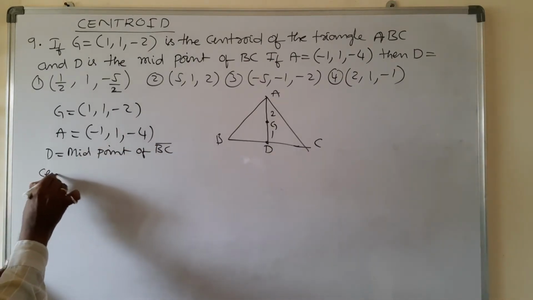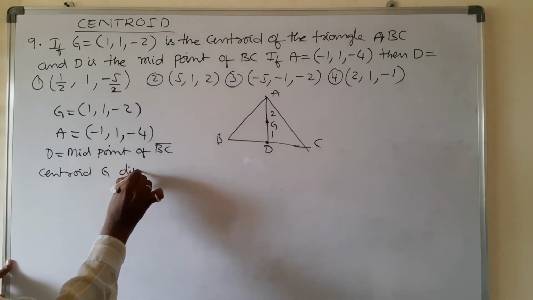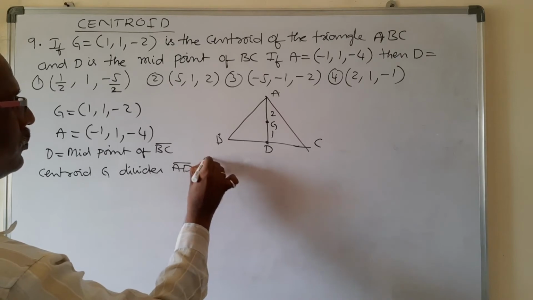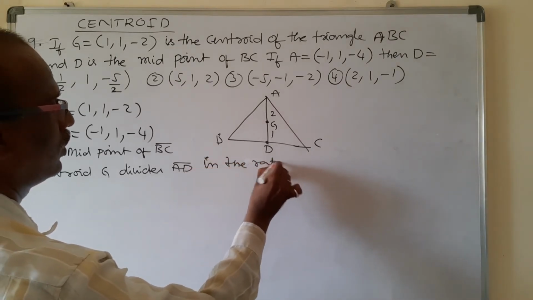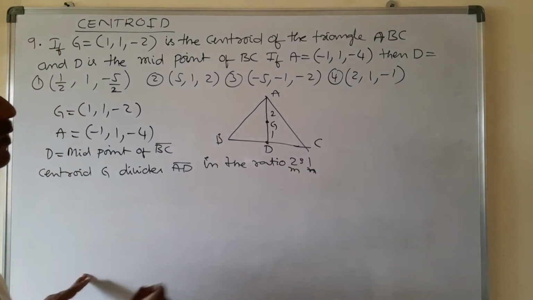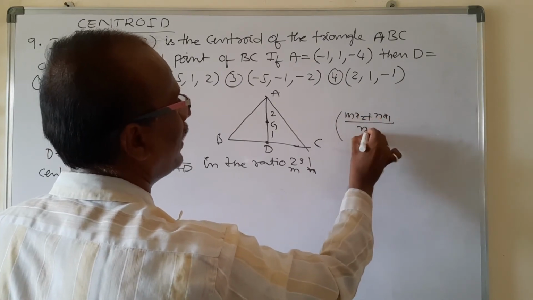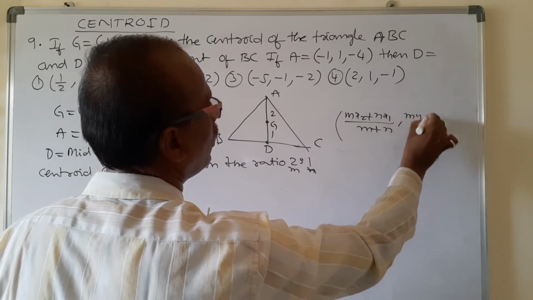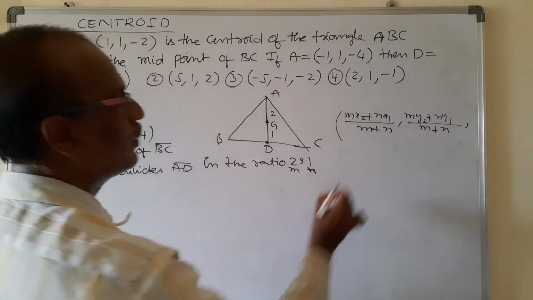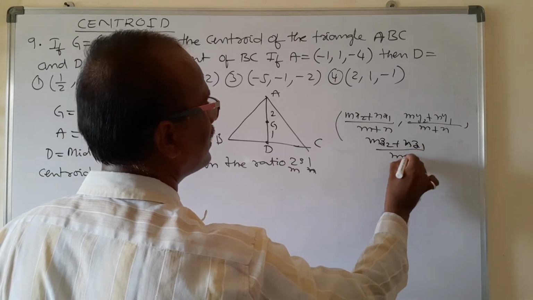The centroid G divides AD in the ratio 2:1, m:n. Apply the section formula: (mx2 + nx1)/(m + n), (my2 + ny1)/(m + n), (mz2 + nz1)/(m + n). This is the section formula.